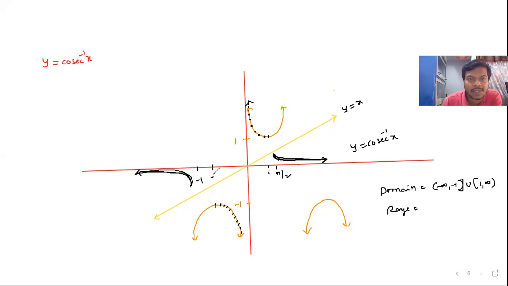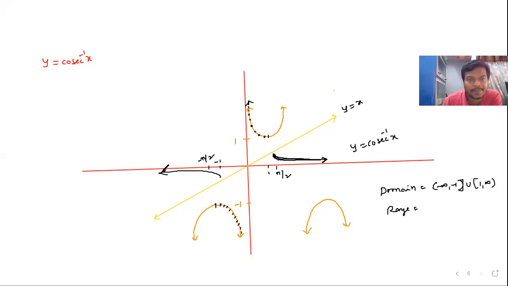This is actually minus 1, minus pi by 2, you have to mention. Here it is minus 1, and here it is minus pi by 2.